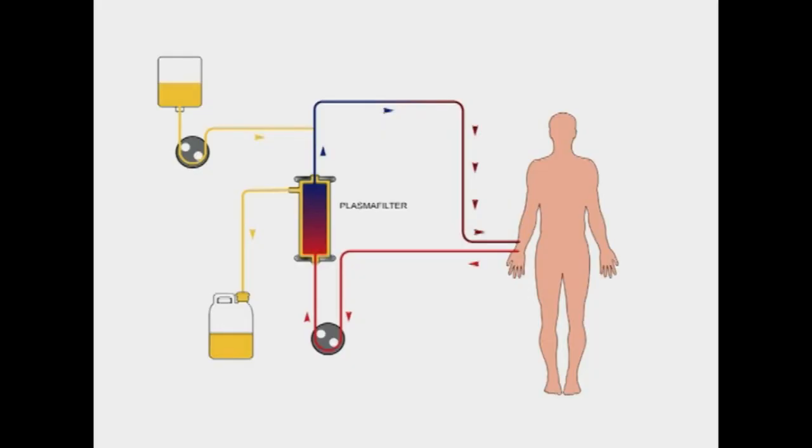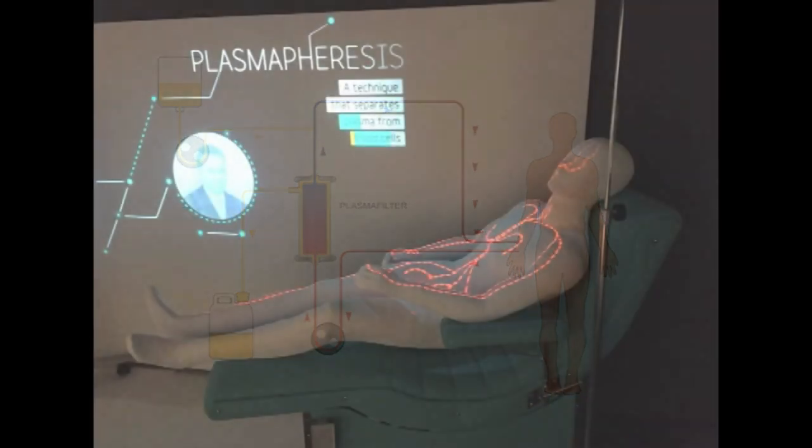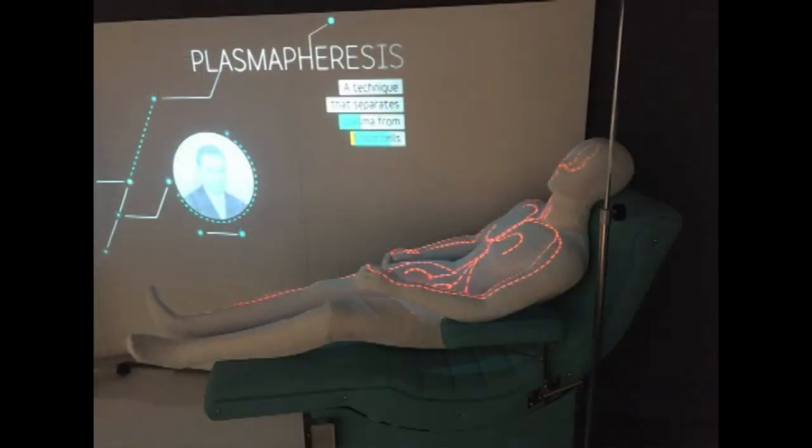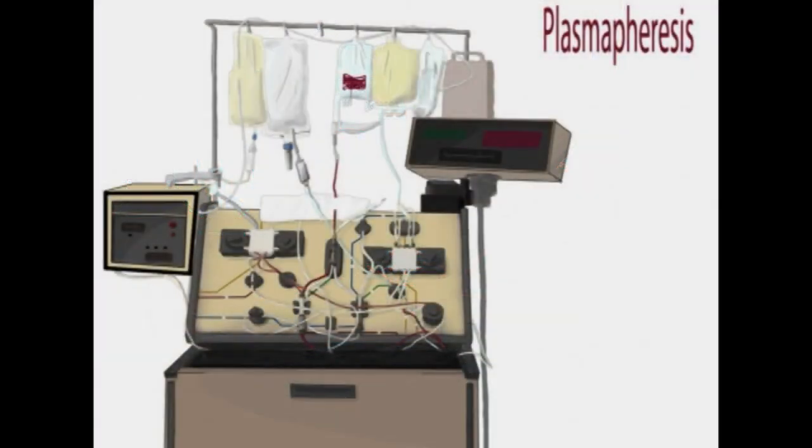However, till date, researchers are not very sure how exactly fish oil supplements help for IgA nephropathy. In Goodpasture syndrome, plasmapheresis is used for the treatment. Plasmapheresis is a mechanical process which removes antibodies from the blood by taking some of the plasma out and replacing it with other donated plasma.